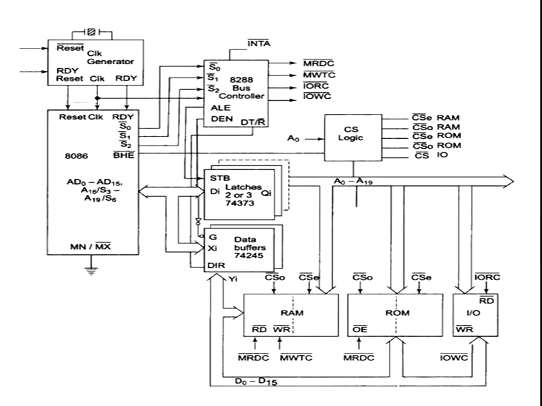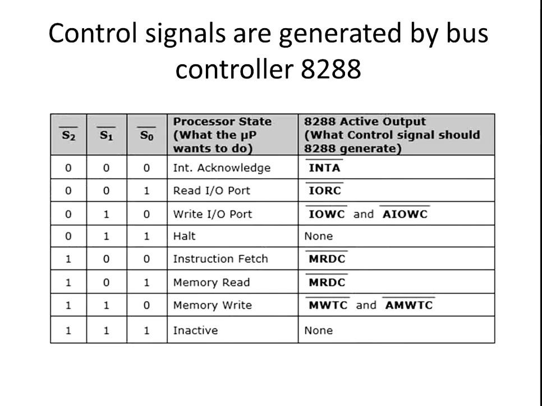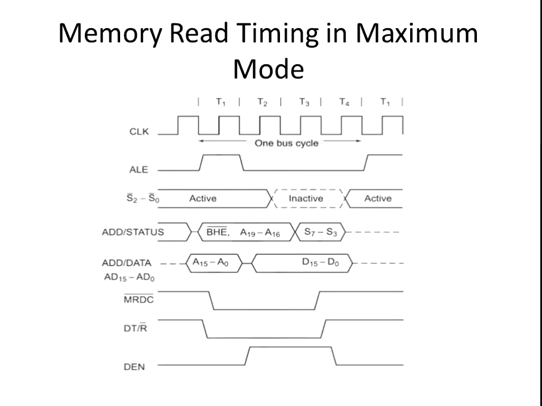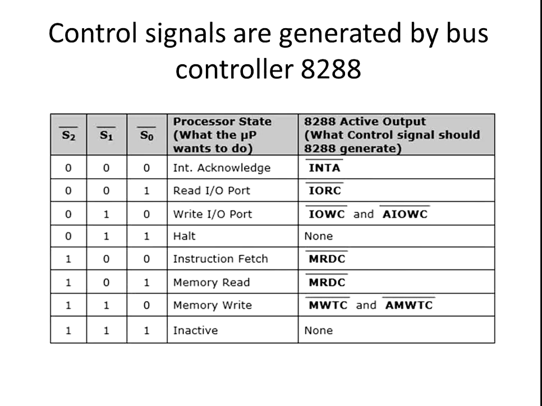Then the maximum mode system: the timing diagram is also divided into two portions, the read and write timing diagrams. First we can see the read timing diagram. We already discussed this in the pin configuration: according to the status information, we can see the operation of the processor in this table.